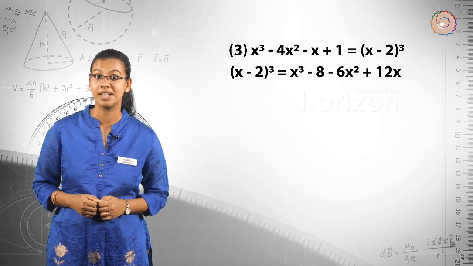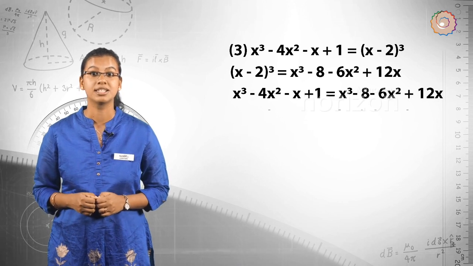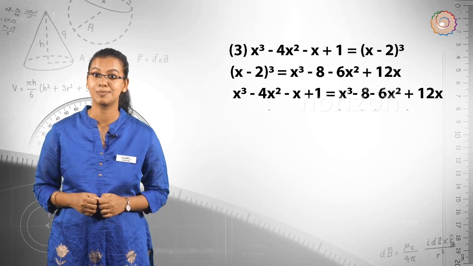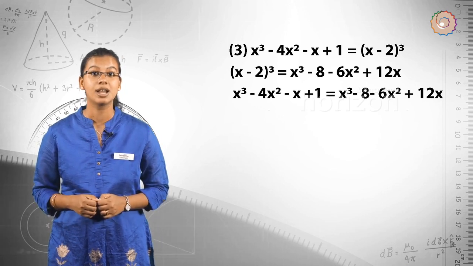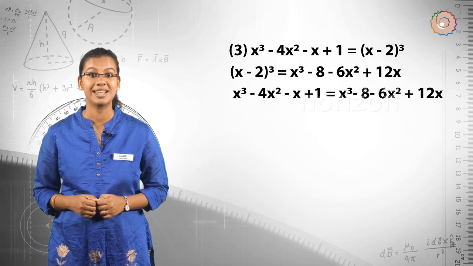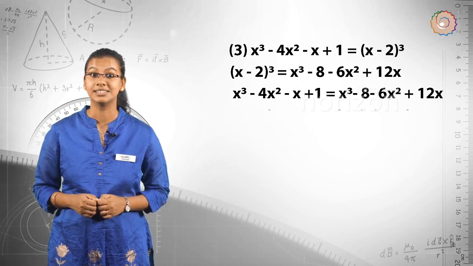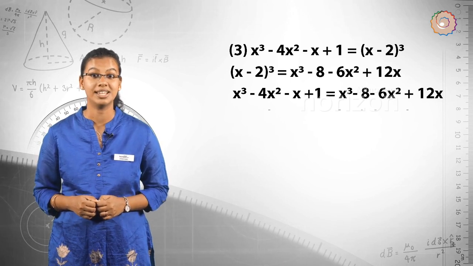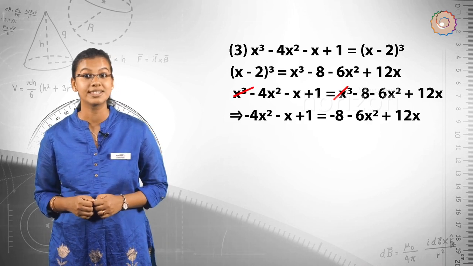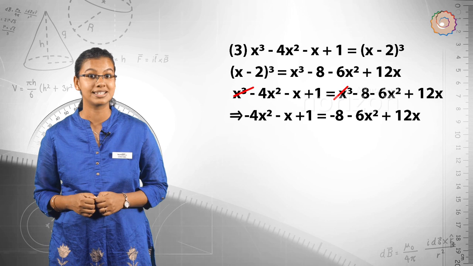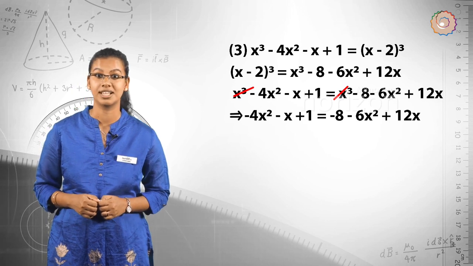So the equation becomes x cube minus 4x square minus x plus 1 equals x cube minus 8 minus 6x square plus 12x. Cancelling the like terms x cube, we get minus 4x square minus x plus 1 equals minus 8 minus 6x square plus 12x.